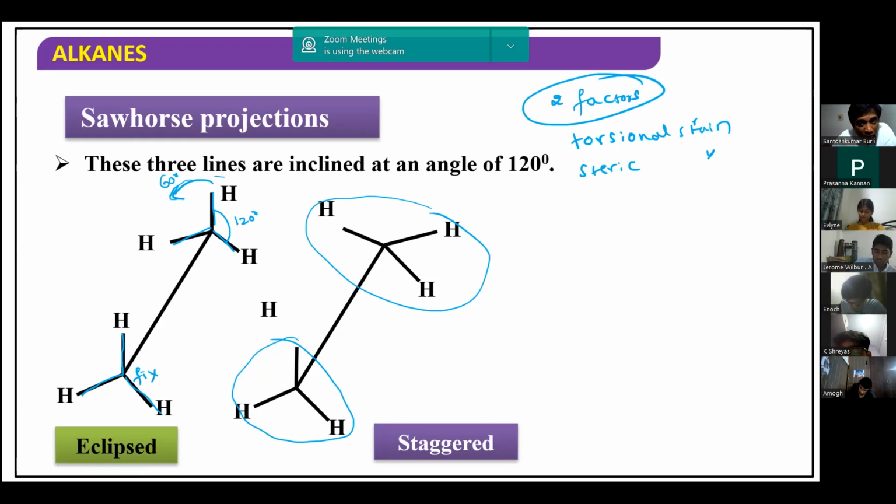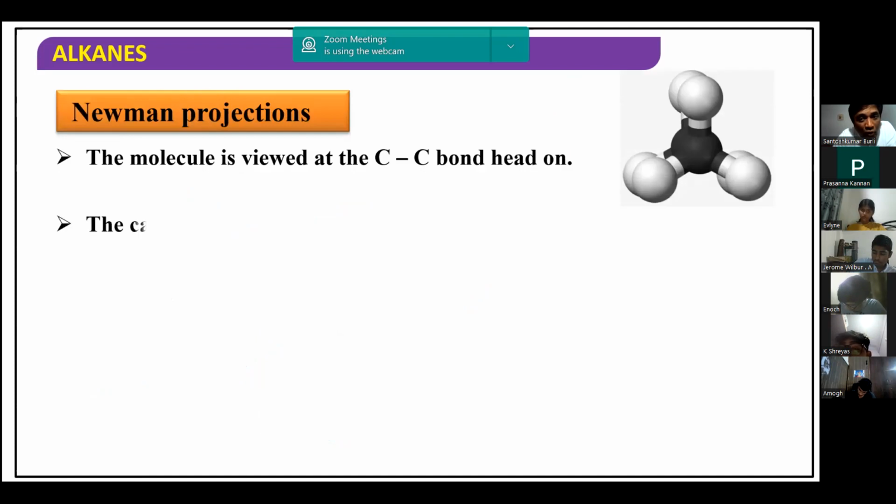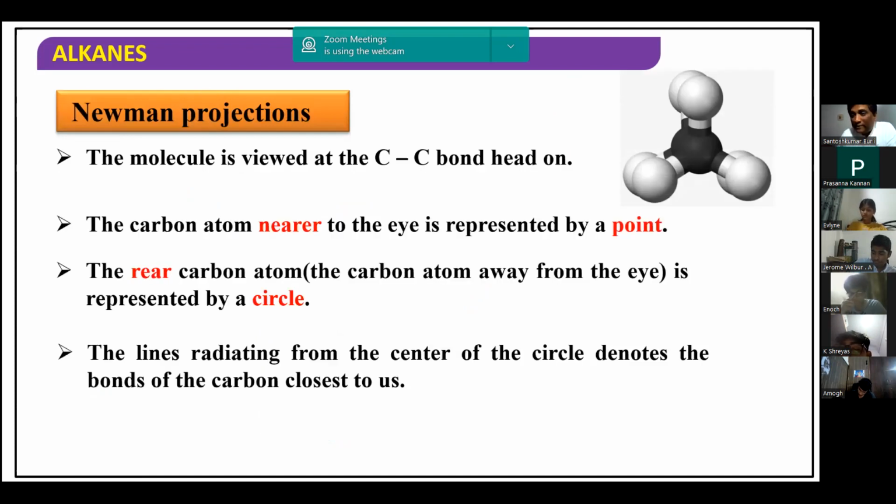To be understood, I'll explain that a little later, because I have to explain the Newman projection first. So how to represent the Newman projection for eclipsed and staggered conformation. Here, this is how we look at this ethane.